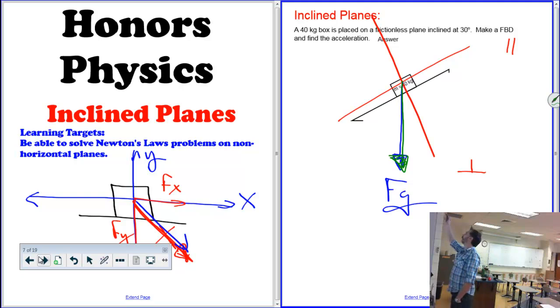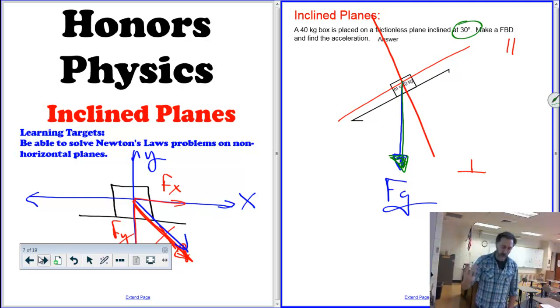This problem tells us that the plane is inclined at 30 degrees. When you give the angle of an incline, it is always assumed to be off of the horizontal. So this angle here is 30 degrees, which means that this angle here is 30 degrees. You can do a little bit of geometry to show that this angle here is also 30 degrees. I'm going to skip that right now, but you can see that those angles look about the same size.